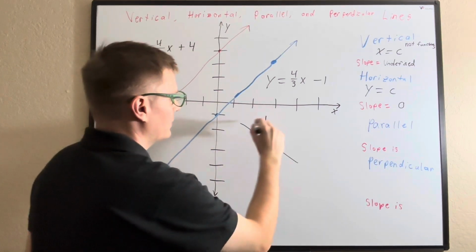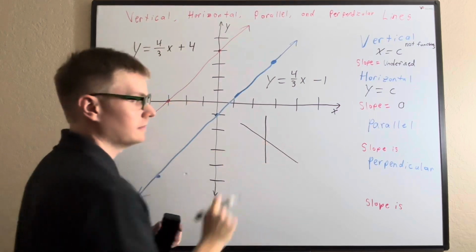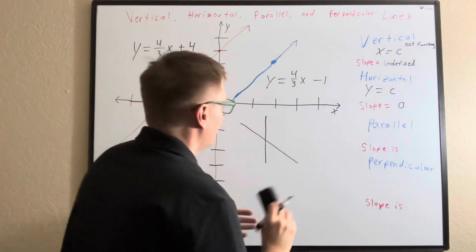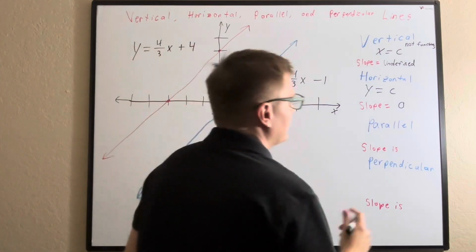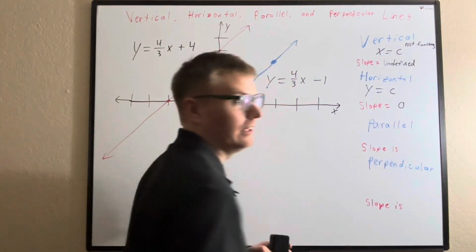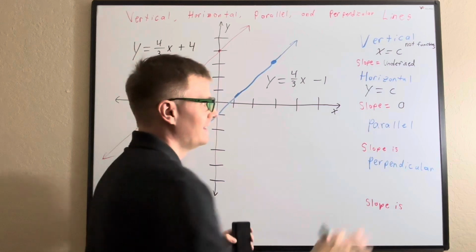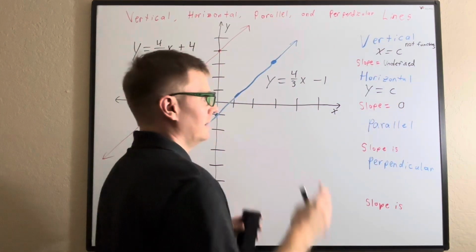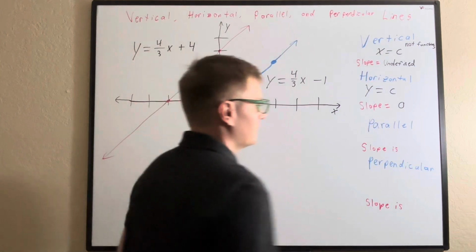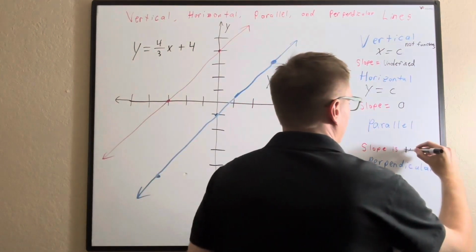But they will never cross each other. That's what it means to be parallel. And you can remember that because of the 2 L's in the word parallel. They're straight up and down lines, and they never intersect. So slope is the same.